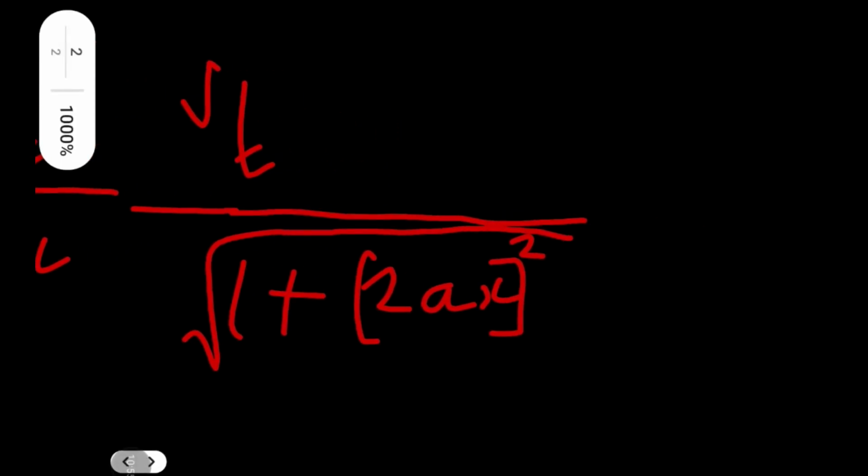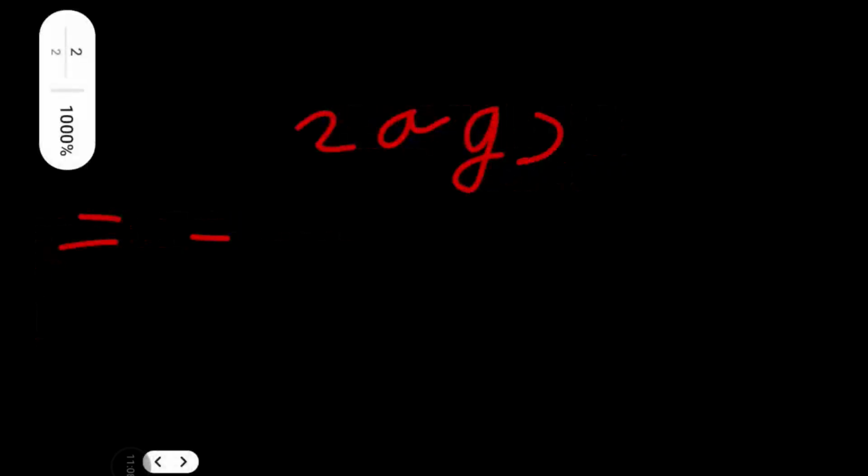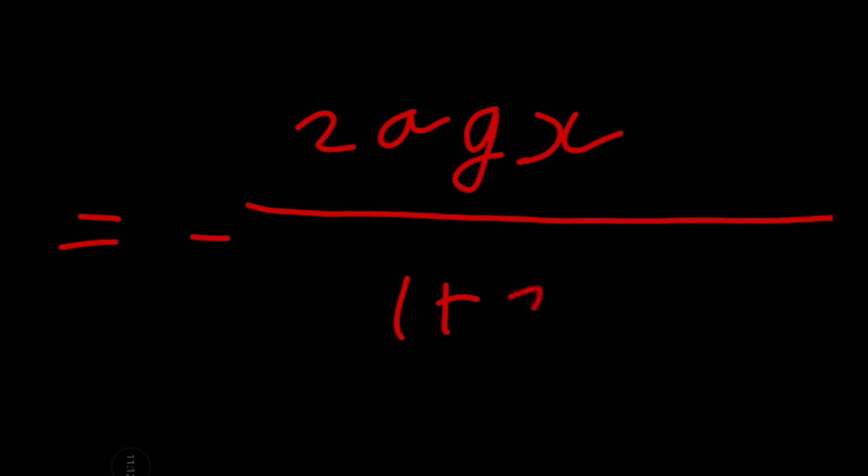It's just times by that. And then it's going to equal what we had before, which is the minus 2agx all over 1 plus 2ax in a squared and then square rooted.